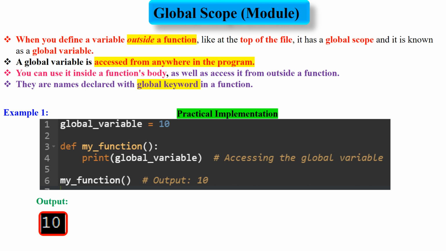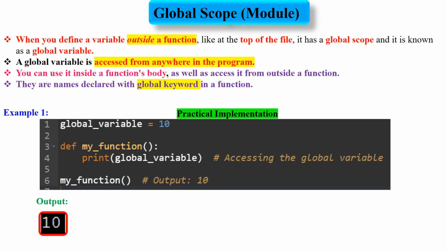Therefore, when my_function is called, it can access and reference the global variable. In line 4, inside my_function, the statement print global_variable is executed, which prints the value of the global_variable. Since global_variable is a global variable, it can be accessed and printed from within the function without any issues.